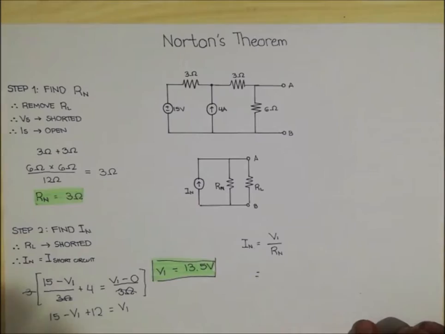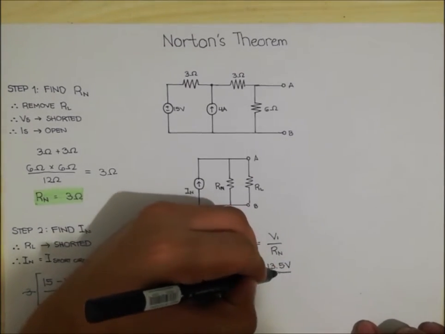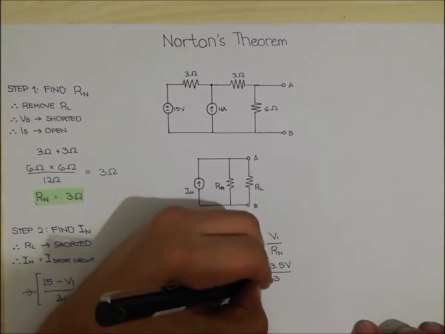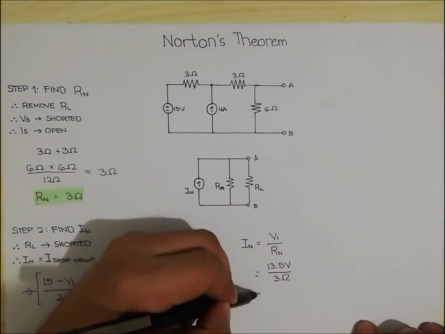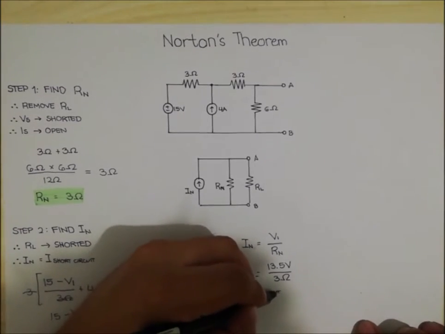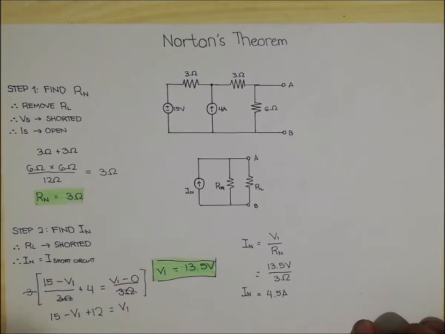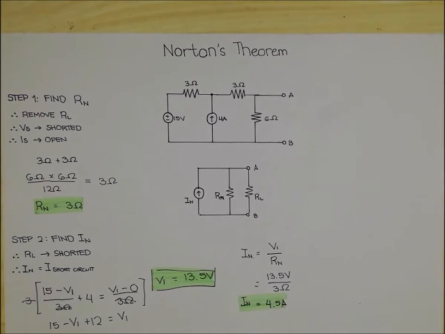That is equal to 13.5 volts over 3 ohms, and that is equal to 4.5 amperes.